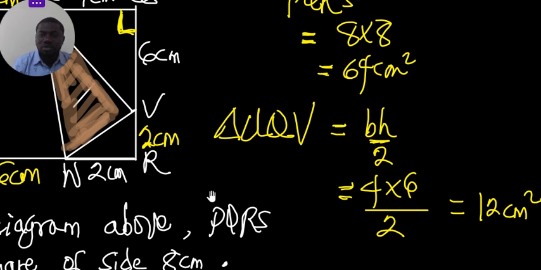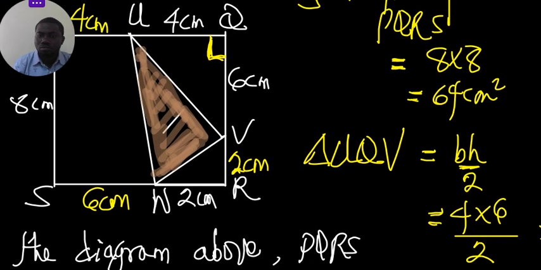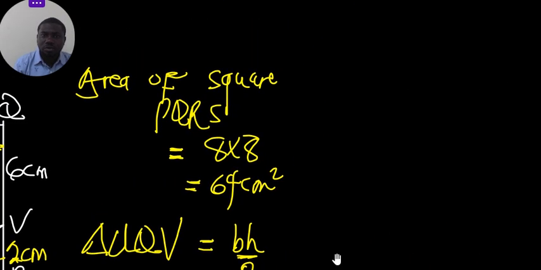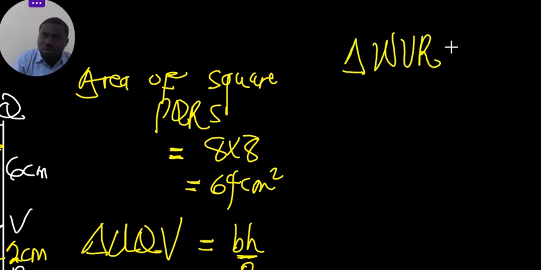We still have another triangle there. Triangle VRW is also a right angle triangle. So we have no business with the hypotenuse. We have no business with VW. So you have triangle VRW or WVR. Let's say WVR. Triangle WVR is also base times height over 2.